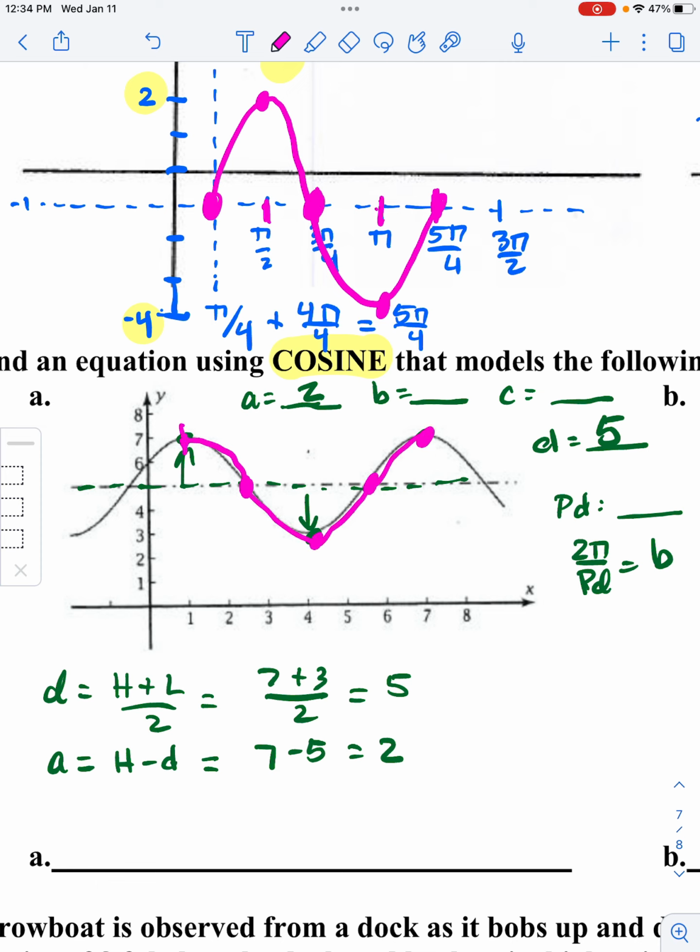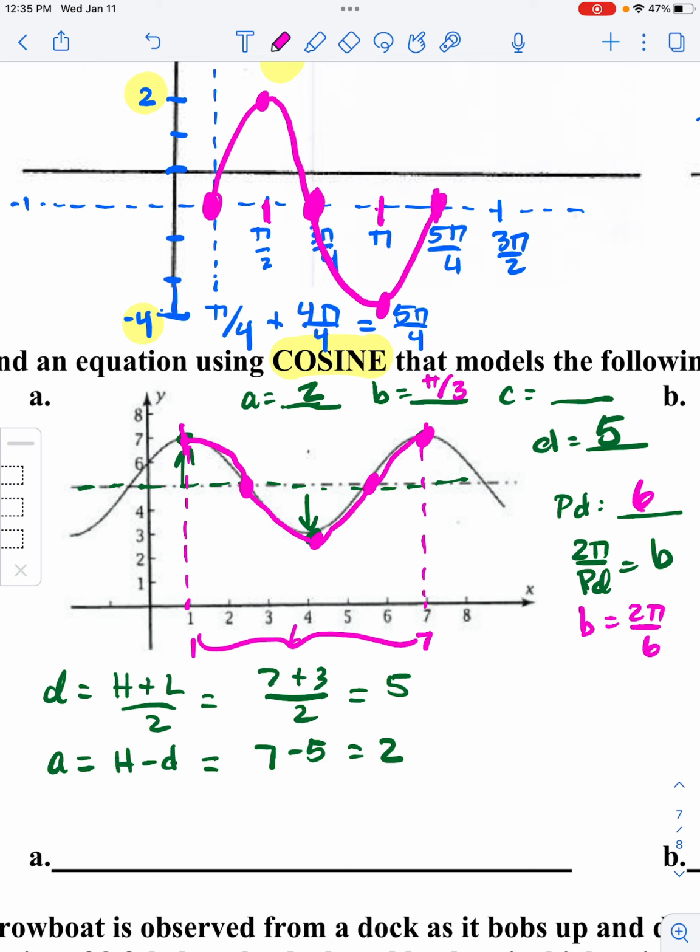So that's from here to here. So that period, if you look in your notes, it says end minus start. 7 here, 1 here, the period is 6, meaning it's taking 6 units to run the whole course. So my B value is going to be 2 pi over 6, and that's going to reduce to pi thirds.